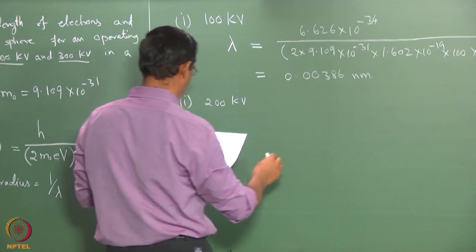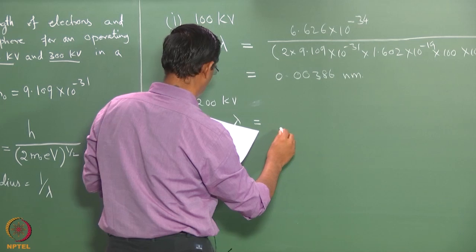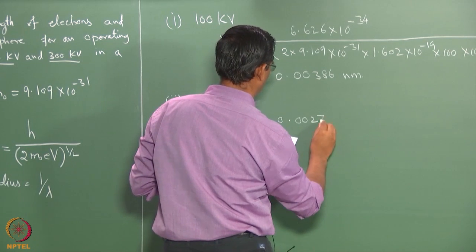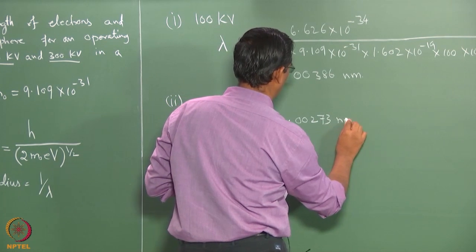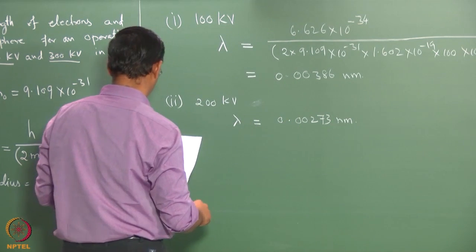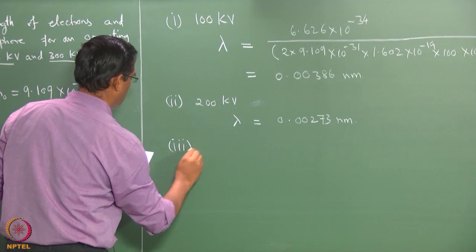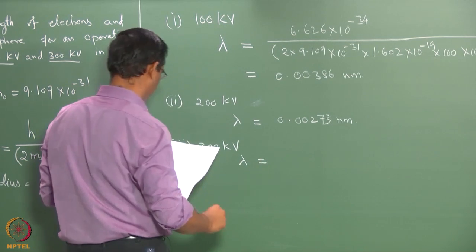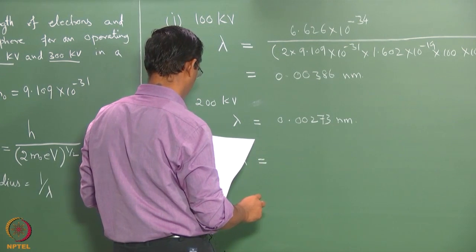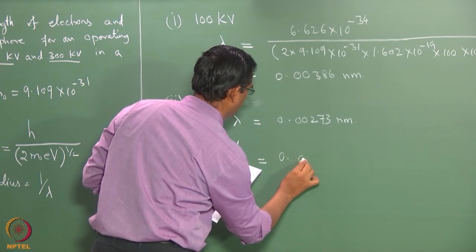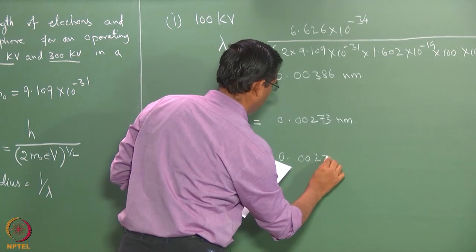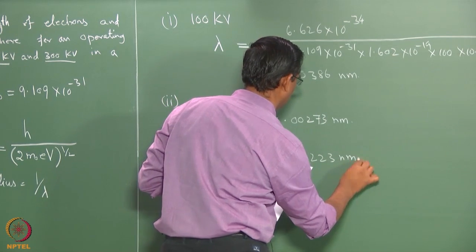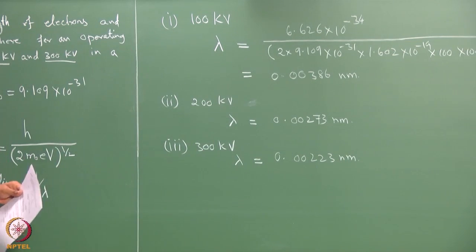You will be able to get this lambda is equal to 0.00273 nanometers, and for 300 kV it is 0.00223 nanometers.